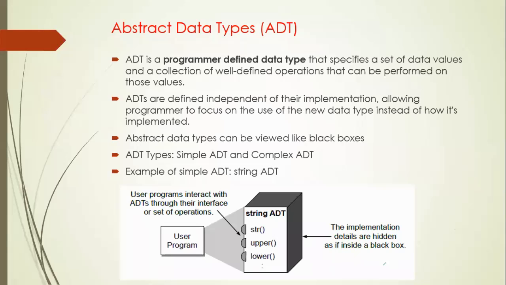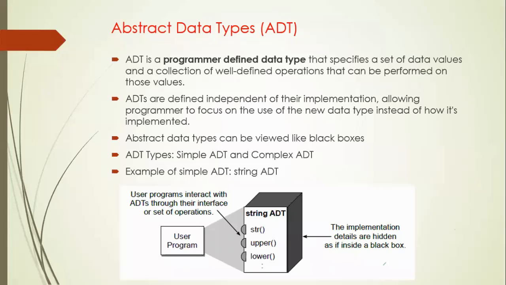It specifies a set of data values and a collection of well-defined operations that can be performed on those values. You can define data, then some procedures or functions on this abstract data type that will work on the data you have defined.